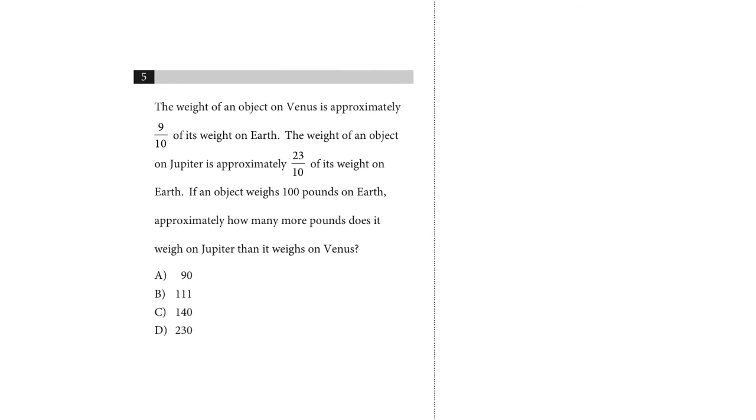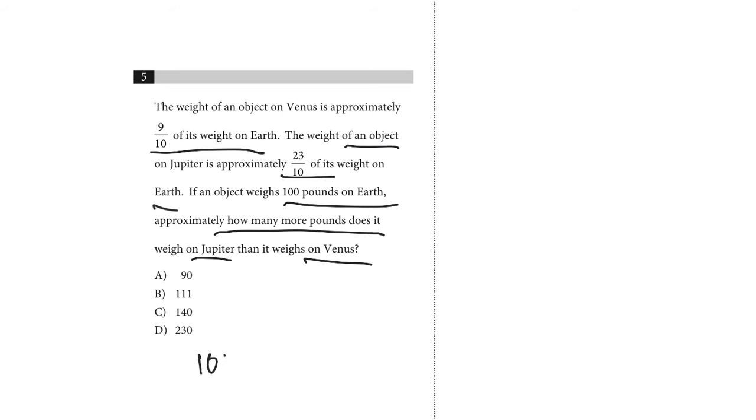The weight of an object on Venus is approximately 9/10 of its weight on Earth. The weight of an object on Jupiter is approximately 23/10 of its weight on Earth. If an object weighs 100 pounds on Earth, approximately how many more pounds does it weigh on Jupiter than it weighs on Venus?